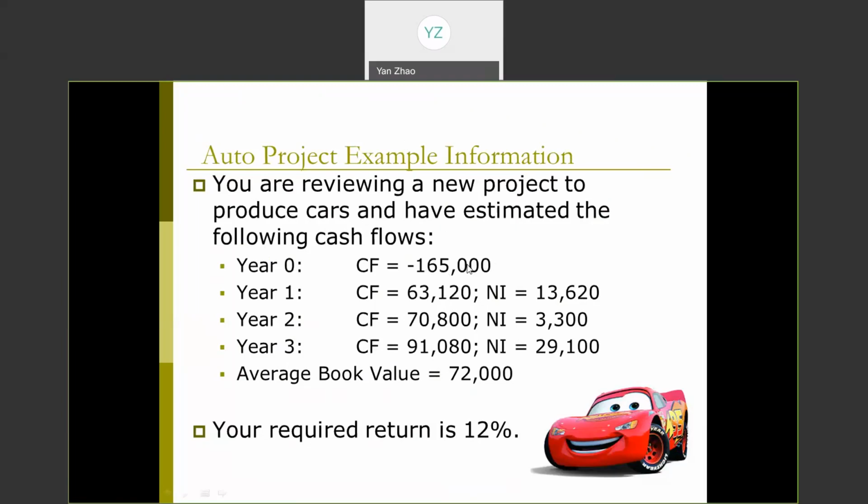It's just that the IRS will never allow you to deduct all your investment in the first year. The IRS will ask you to spread out your investment through depreciation over the following years. So you never ever use the net income number in calculating the net present value. When you're calculating the net present value, always use the cash flow numbers.